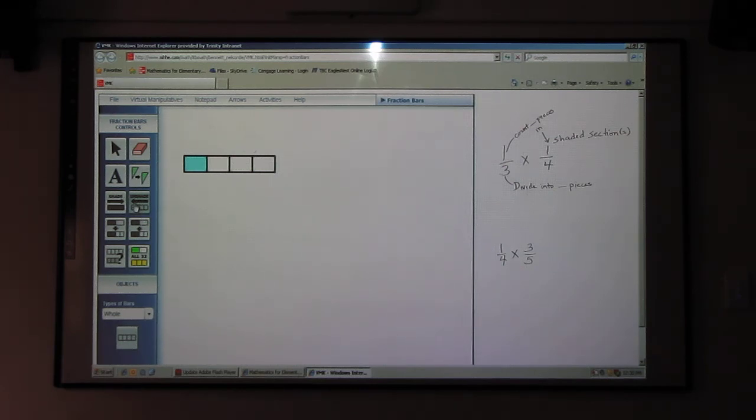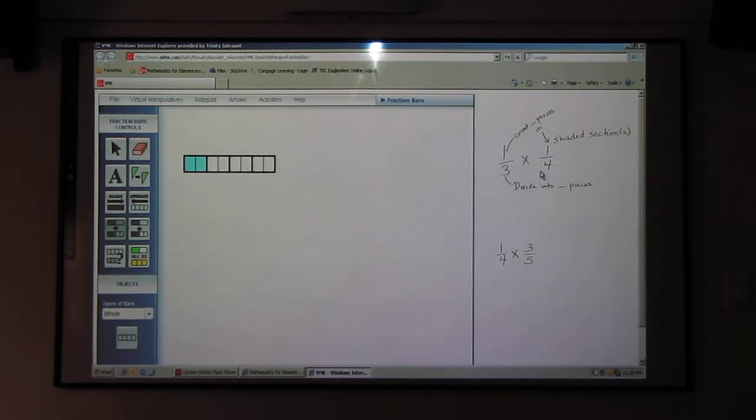I can do that real easily with my virtual manipulatives because I can divide it and I can divide it again, right? I now have each big section divided into 3 small sections. That's the first step. Whatever the bottom number of the first fraction is tells me I'm going to divide the second fraction into that many pieces. Okay? That's the easy part.